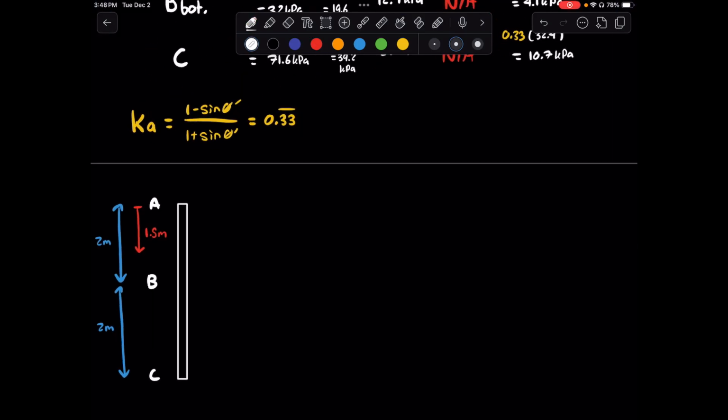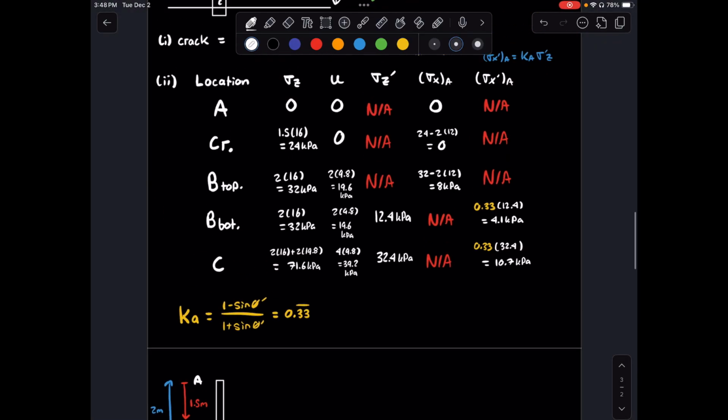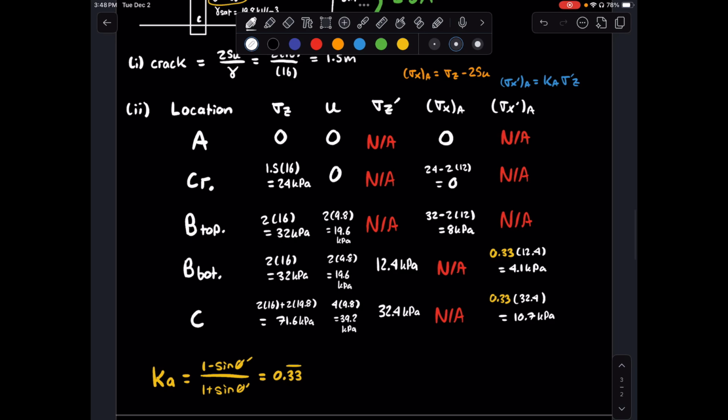And then it's just a matter of putting in our numbers. So we'll start with our TSA. So that's from A to the crack to the top of B. And we have values of 0, 0, and 8.